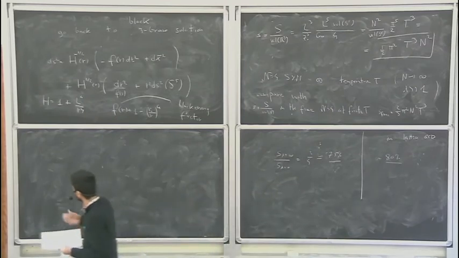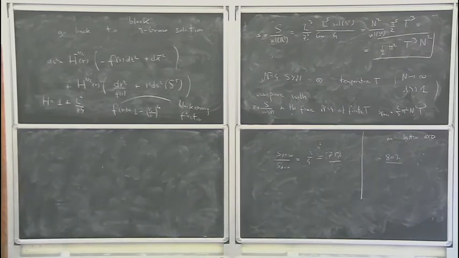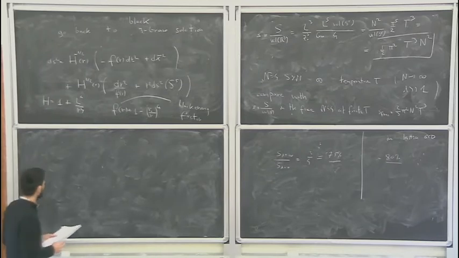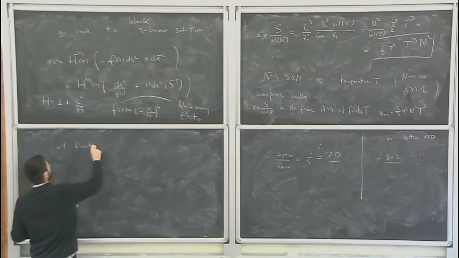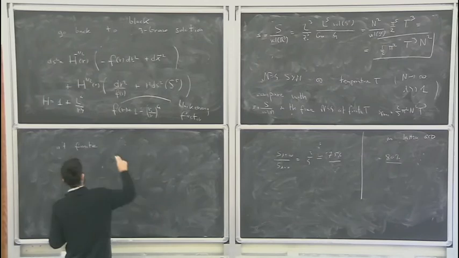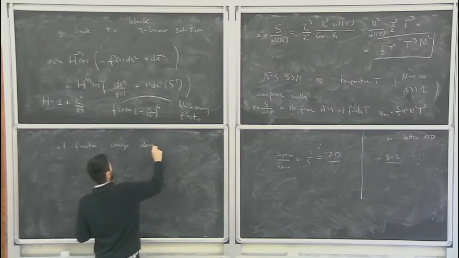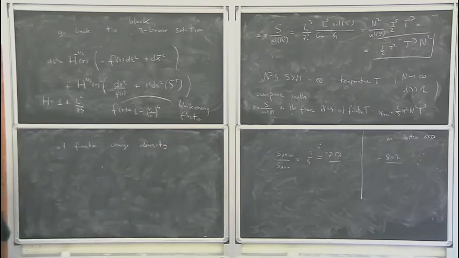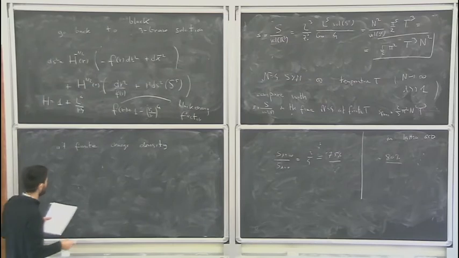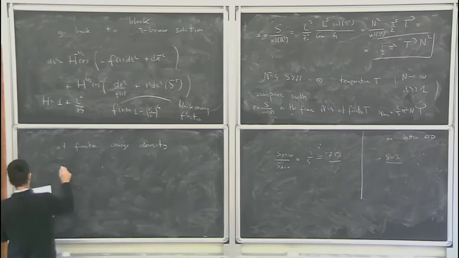If we want more parameters, then we have to add more fugacities to our system. In particular, if we're interested in finite charge density, not only finite temperature, then we must introduce an associated chemical potential for that.